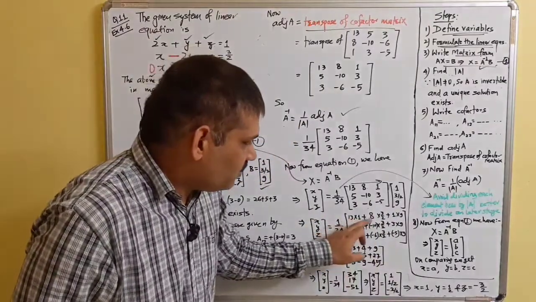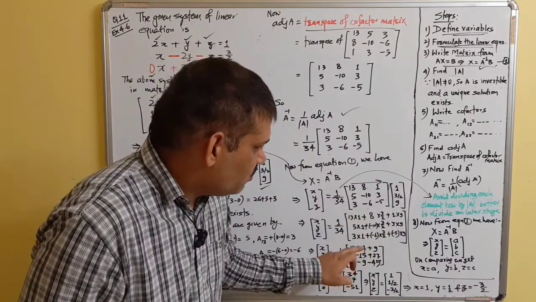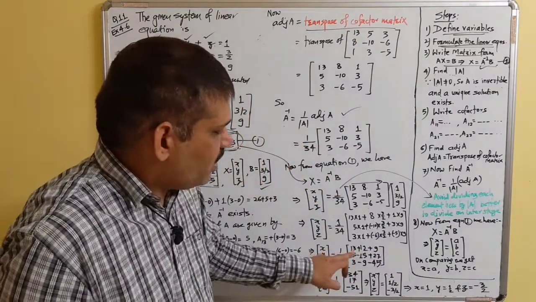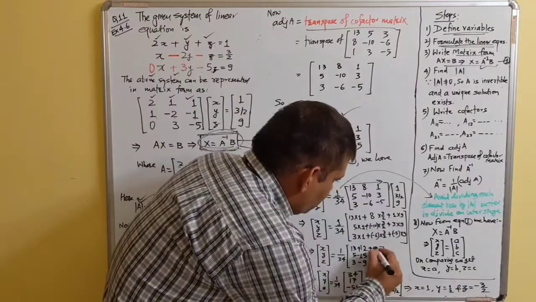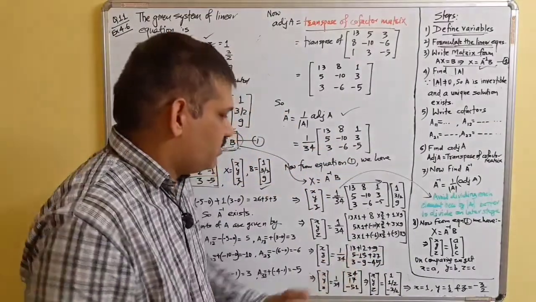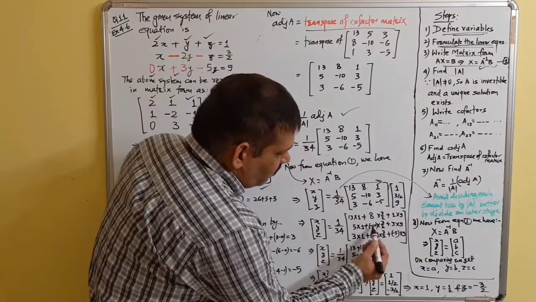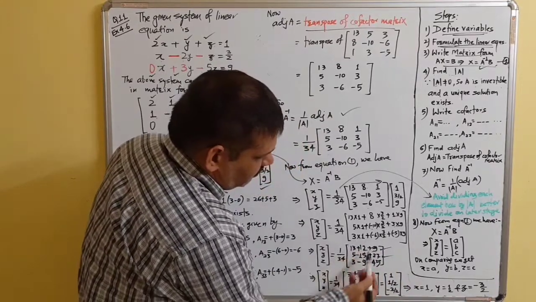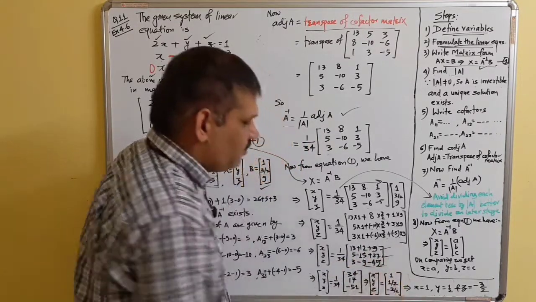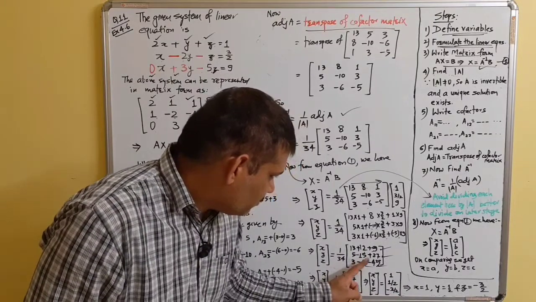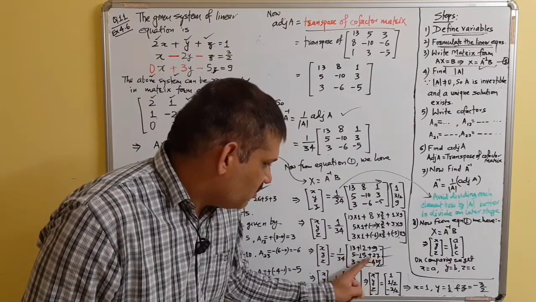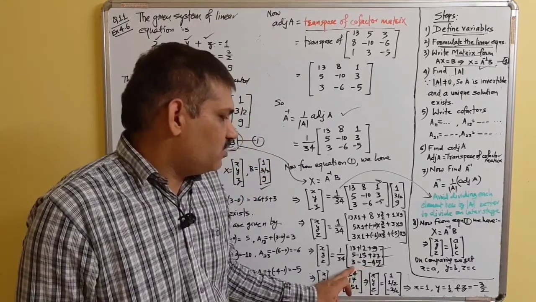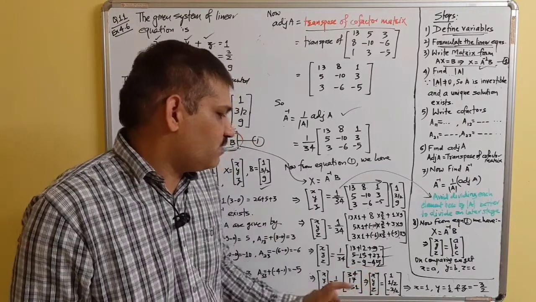This gives us 13 plus 12 plus 9, that is 34. And 5 minus 15 plus 27, that is 17. Then 3 minus 9 minus 45, and 3 minus 9 is minus 6, minus 6 minus 45 is minus 51.